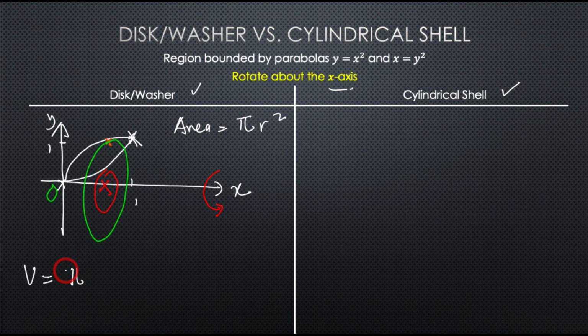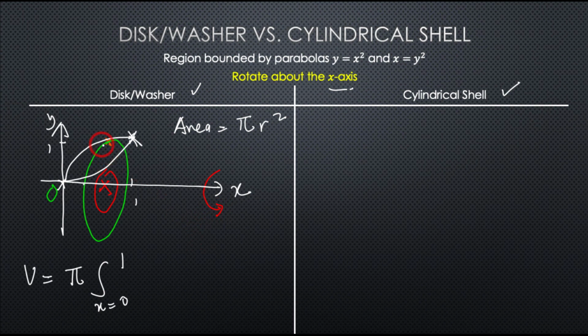So you have pi. You integrate, the circle is one circle, second circle, third circle, fourth circle, until many circles. So from 0 to 1, you're moving in the x direction because it rotates about the x-axis.